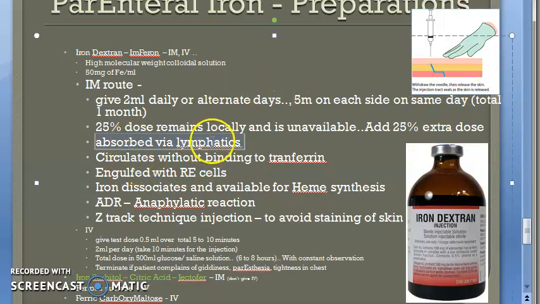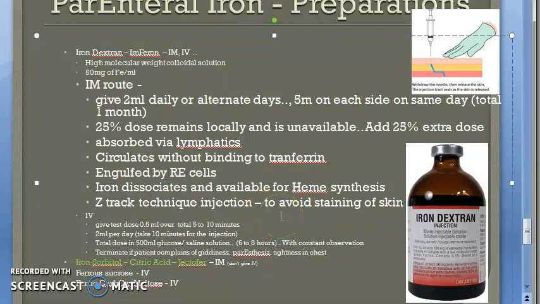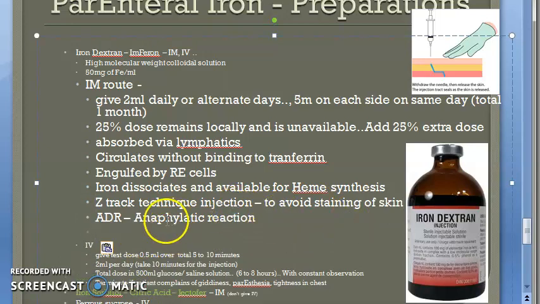It is absorbed via the lymphatics, circulates without binding to transferrin, and is engulfed by the reticuloendothelial cells. The iron dissociates and is available for heme synthesis. There can be anaphylactic reactions, so you should be careful. That is with the IM route.